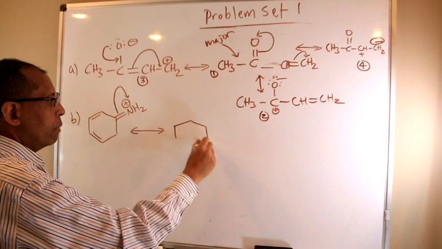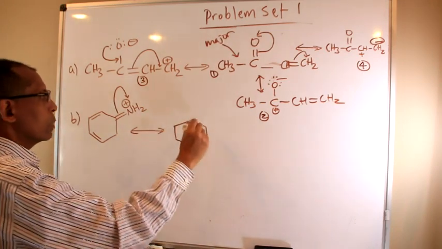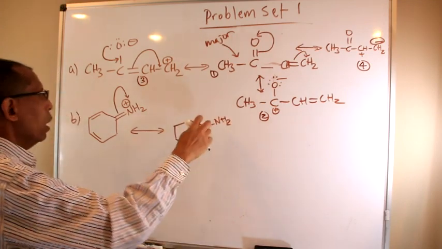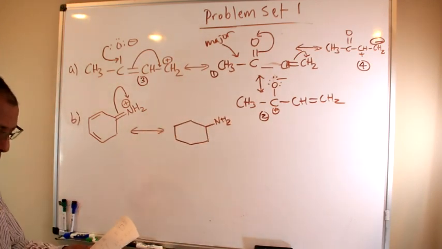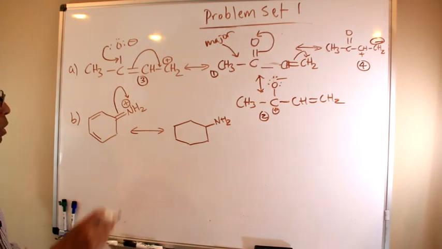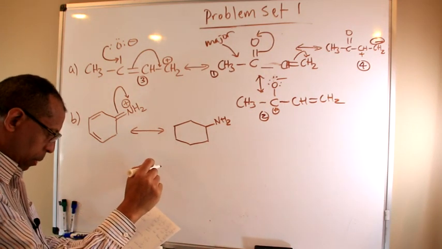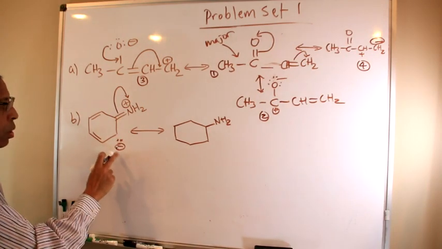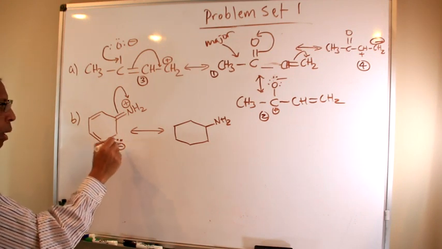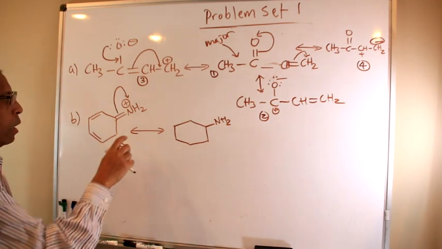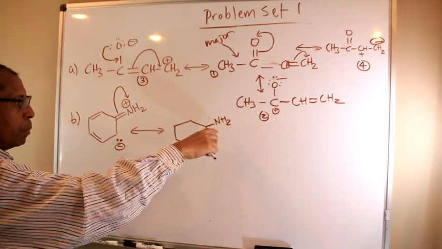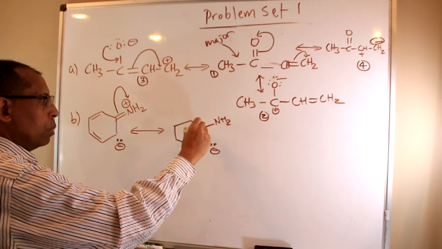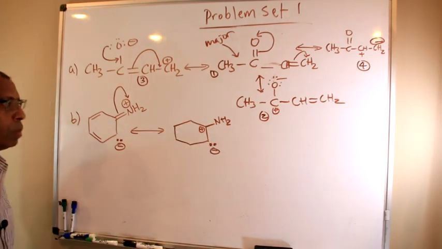That means you have NH2, but now you are leaving a charge here. That's what our molecule would be. Now, if I just move that, and you have a charged species here, what you'll end up with would be a plus on this carbon.